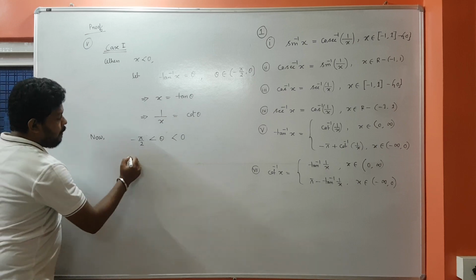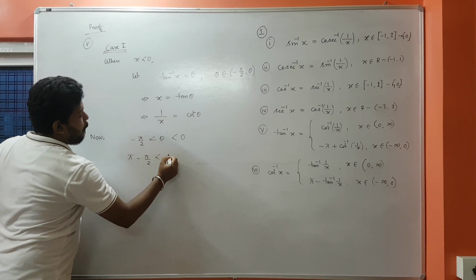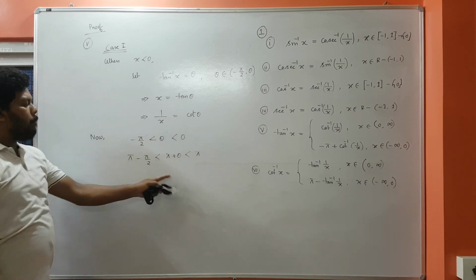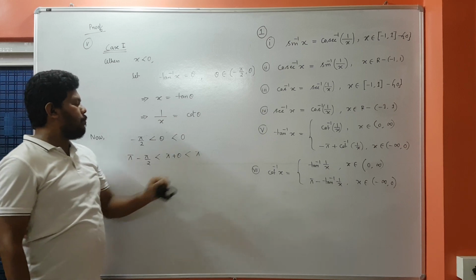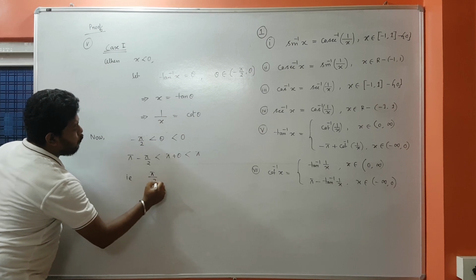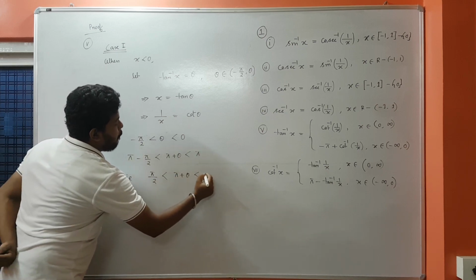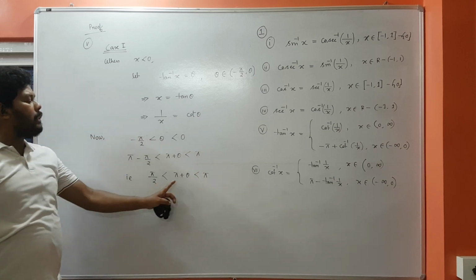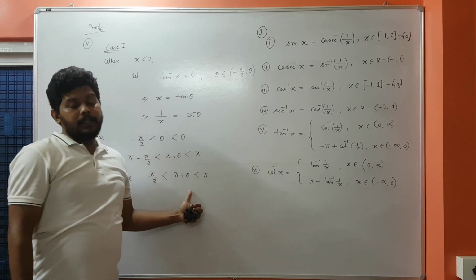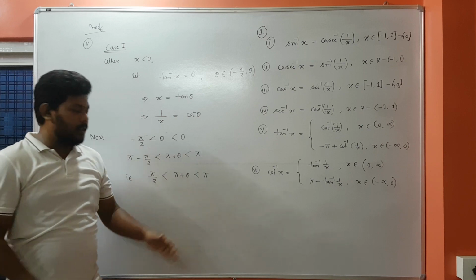If I add pi on both sides, I will get pi plus theta is less than pi, that is, pi plus theta lies between pi by 2 and pi. Now pi plus theta is lying in the second quadrant.